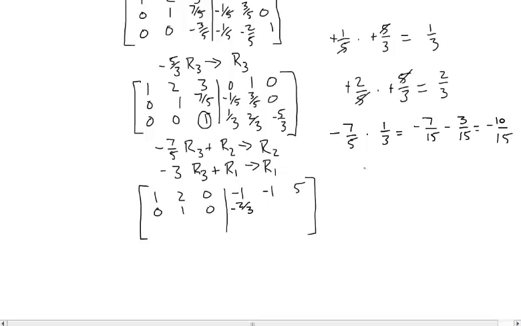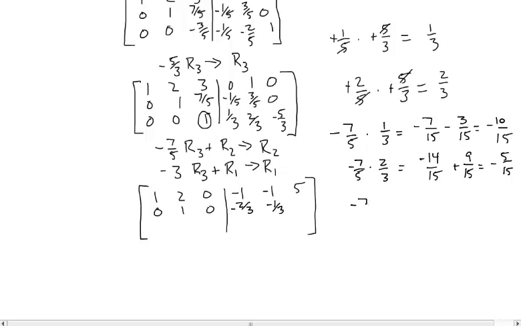I have 2/3 times negative 7/5, which gives me negative 14/15. And we want to add 3/5, so we can write that as plus 9 over 15. So I get negative 5 over 15, or negative 1/3.